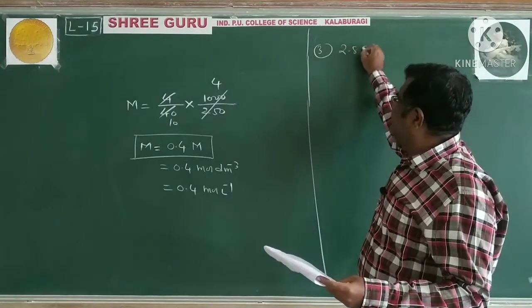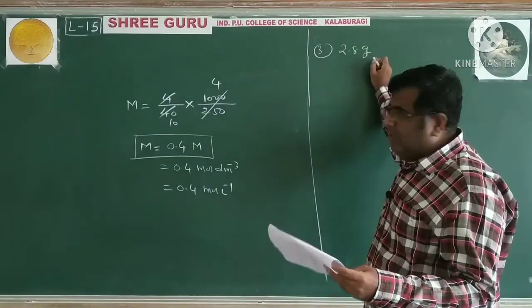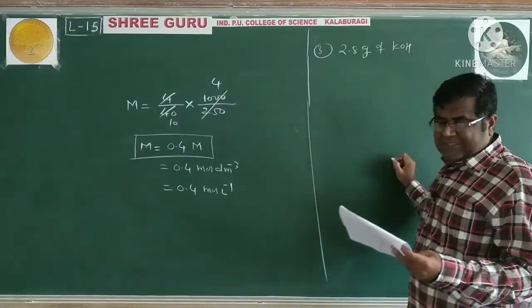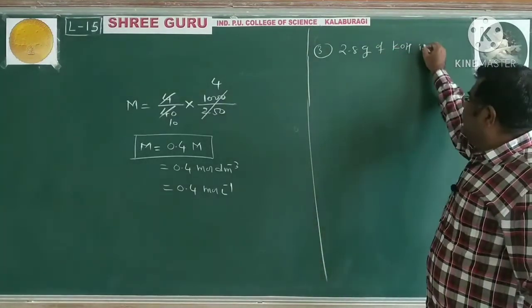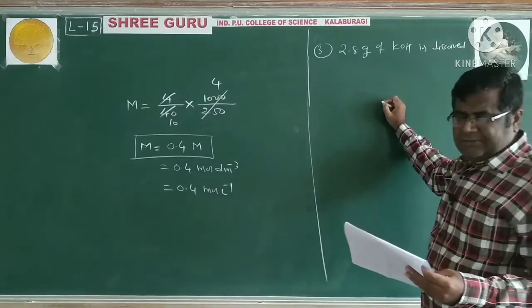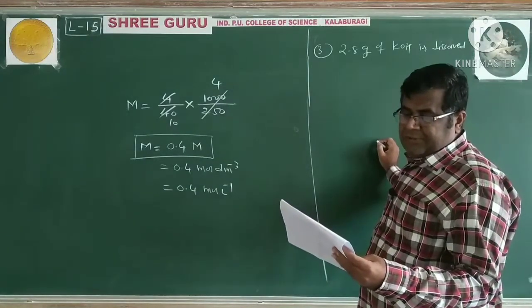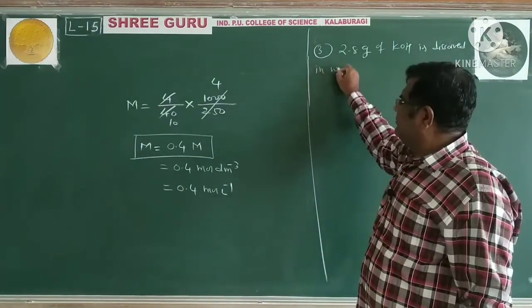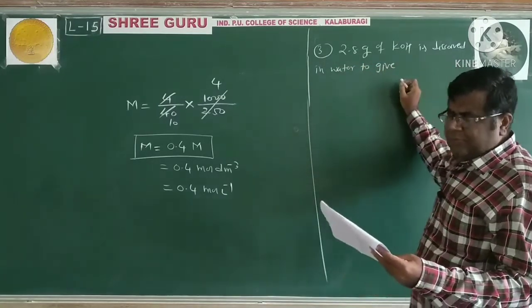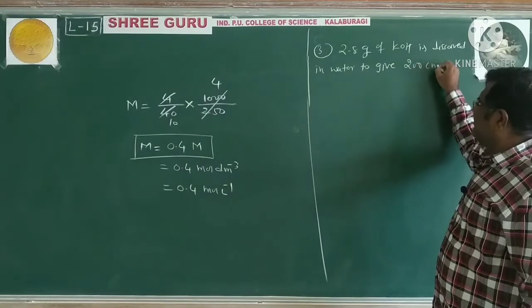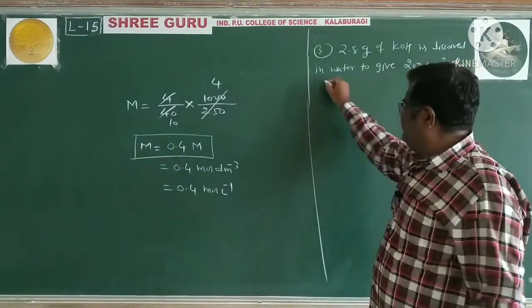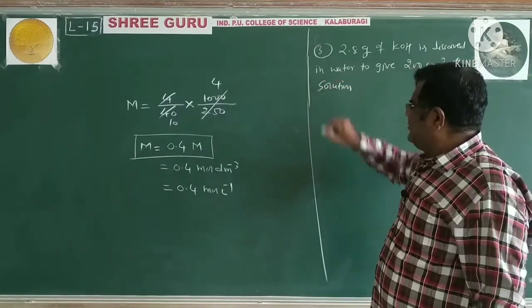2.8 gram of potassium hydroxide is dissolved in water to give 200 cubic centimeter, which is nothing but milliliter, of solution.